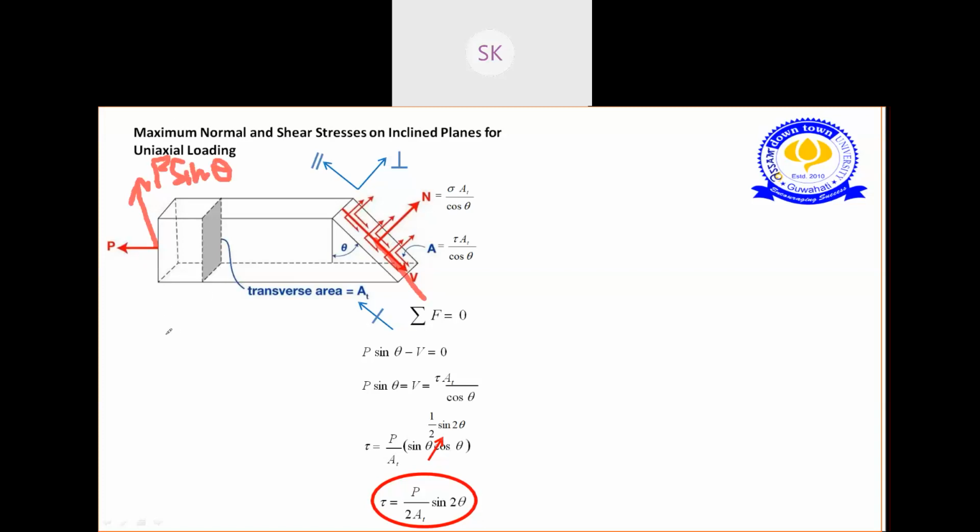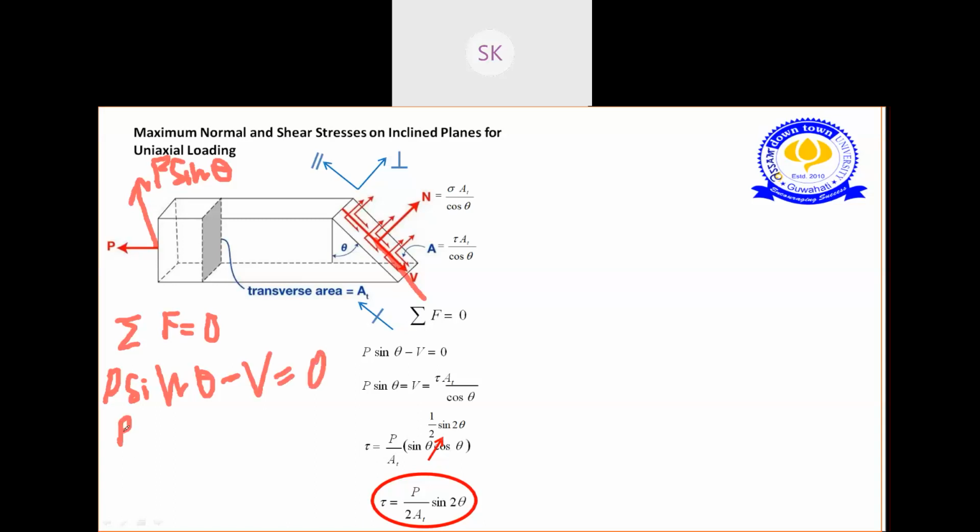So I'm taking the summation of all the parallel forces equal to 0. Suppose I take P sin theta positive, in the upper direction, minus V, because this is in the downward direction, equals 0.